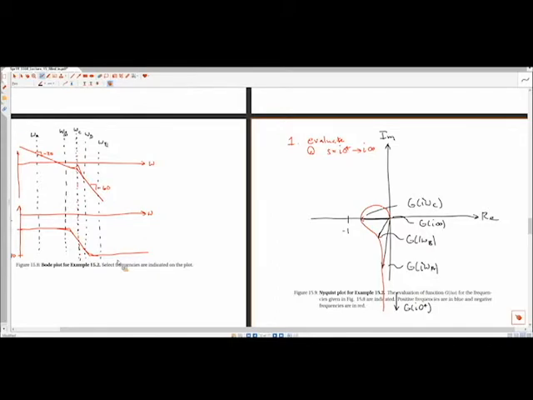Can you explain again how you're going from the phase plot? Why is G of i omega A not just straight down? It's kind of off the imaginary axis. Yeah. So your question is, why is this vector here not negative 90 degrees?